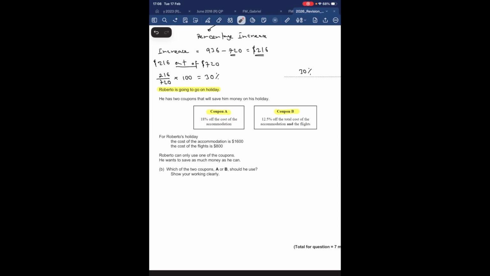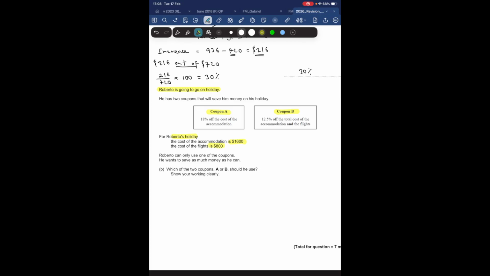And in coupon B, he's getting 12.5% off the cost of the total holiday, which includes the accommodation and the flights. Roberto's accommodation is $1,600 and the cost of the flights is $800.